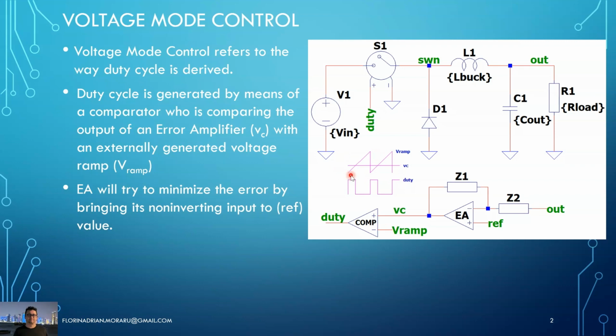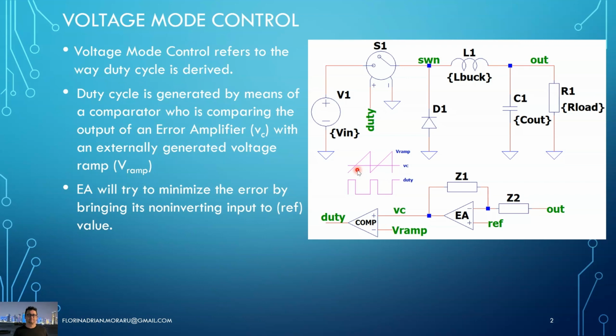As long as the ramp is below the control voltage, the comparator output is, let's say, logic 1. That means the switch is closed, and then we take energy from the input voltage source.